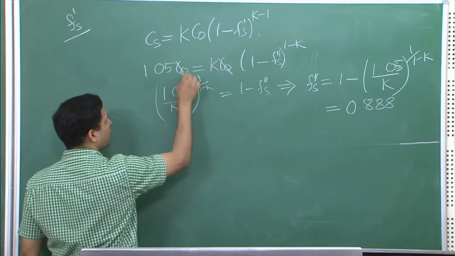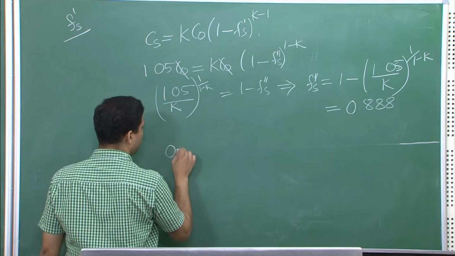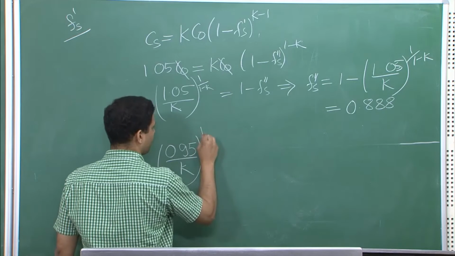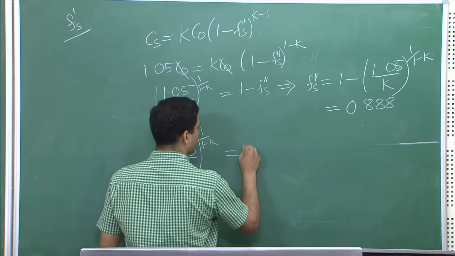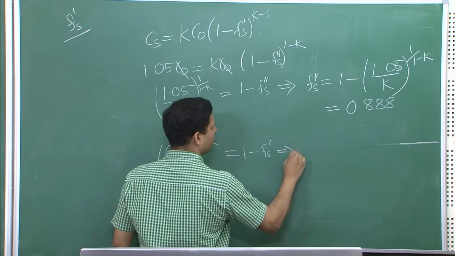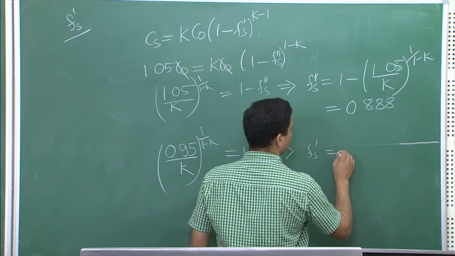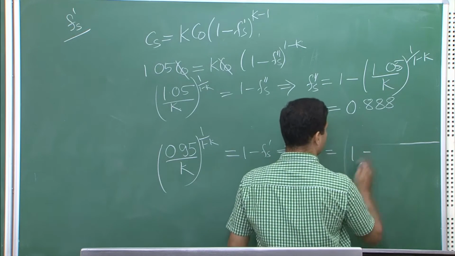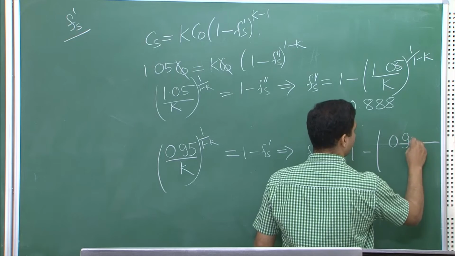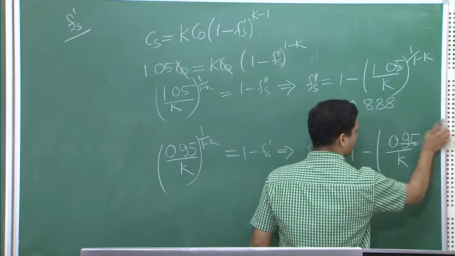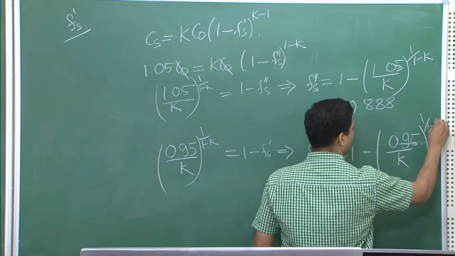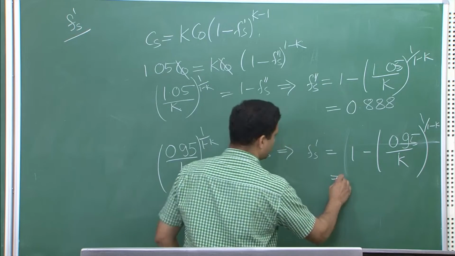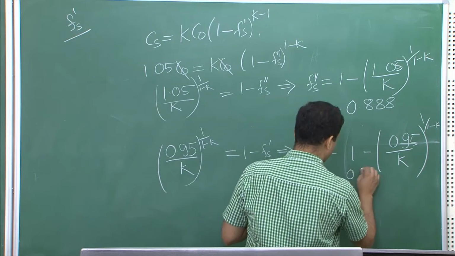Similarly, instead of 1.05 we could have put 0.95, and we will get a value of Fs prime, which is equal to 0.874.